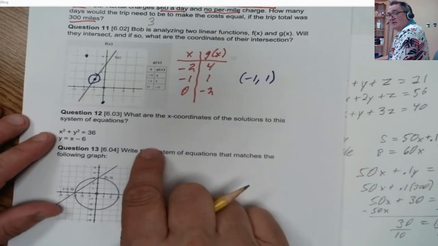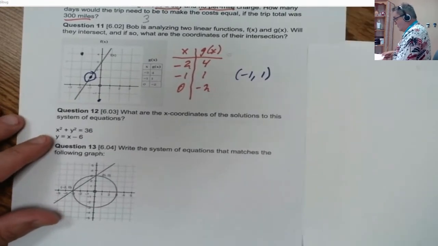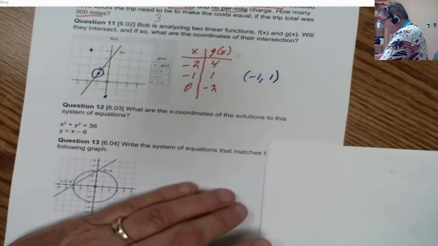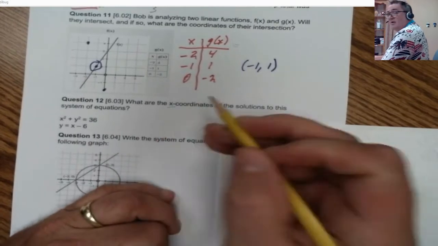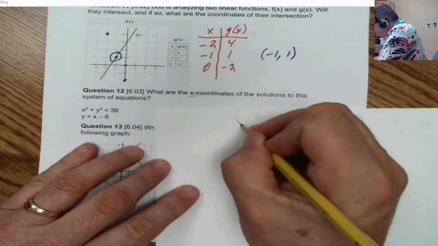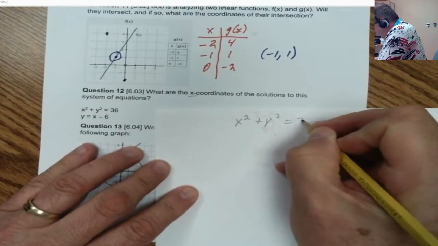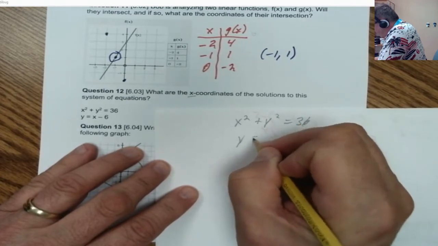Okay, what are the x coordinates of the solutions to this system? So we have to solve that system. Let me get some more paper here. We just need the x. We don't need to know the whole xy point. So let's start out by writing our equation over here, and we have y equals x minus 6.